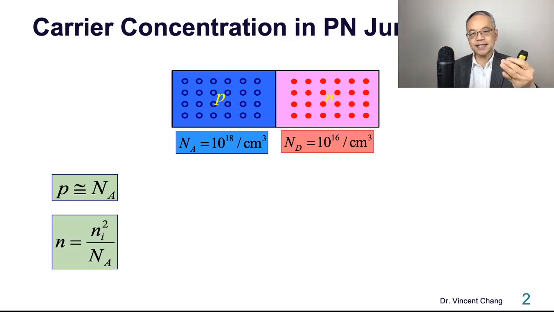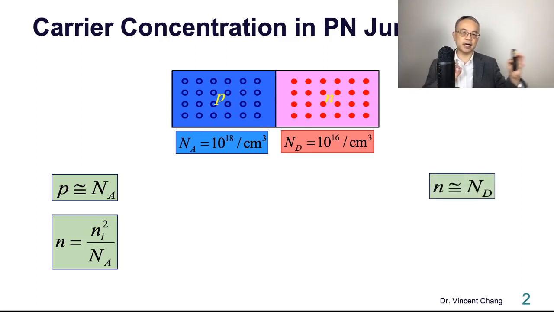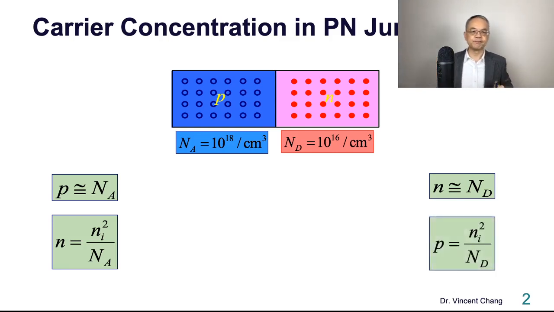Based on the mass action law, it is ni squared, the intrinsic carrier concentration squared, divided by the acceptor atom concentration Na. On the right-hand side, N, which represents the majority carrier concentration in the n-type semiconductor, the electron carrier concentration, will be solely determined by the donor atom concentration. And the minority carrier P, the hole carrier concentration, will be ni squared divided by Nd.